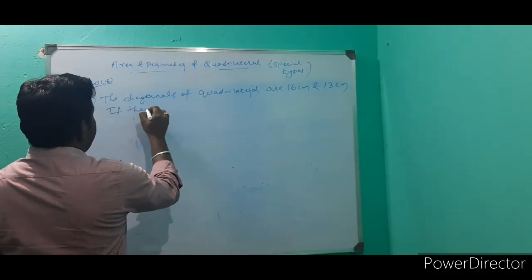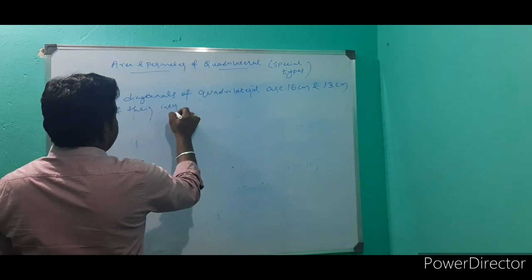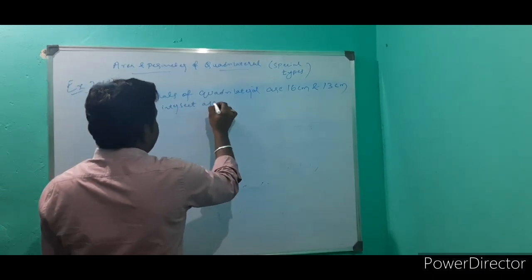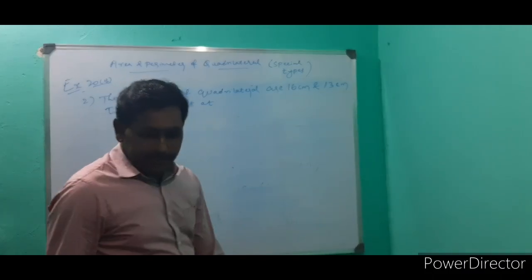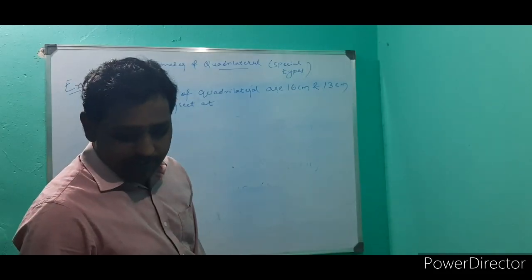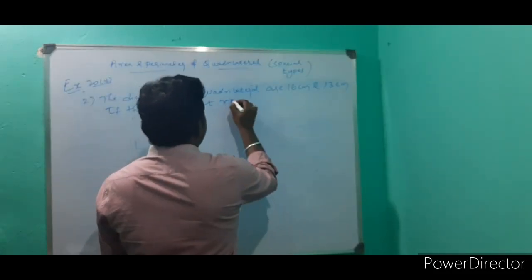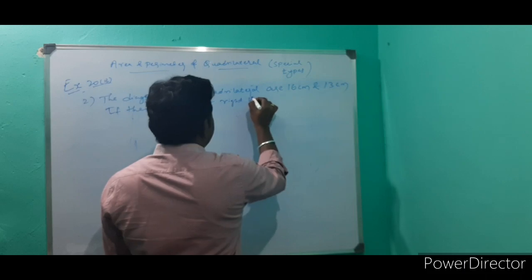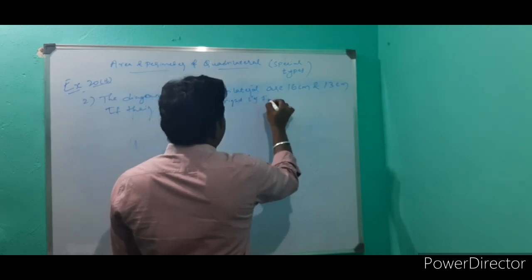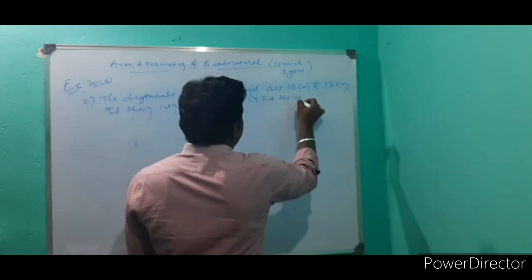If they intersect at right angles, find the area.